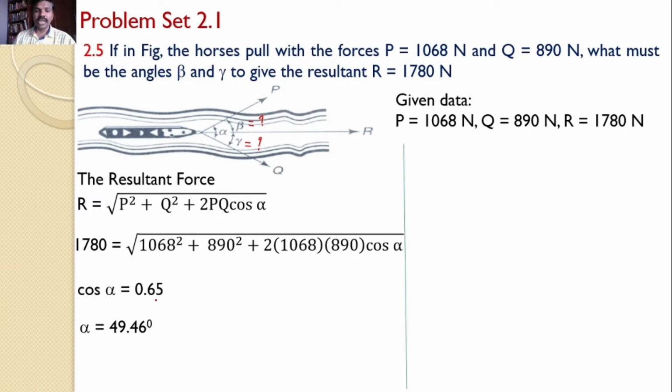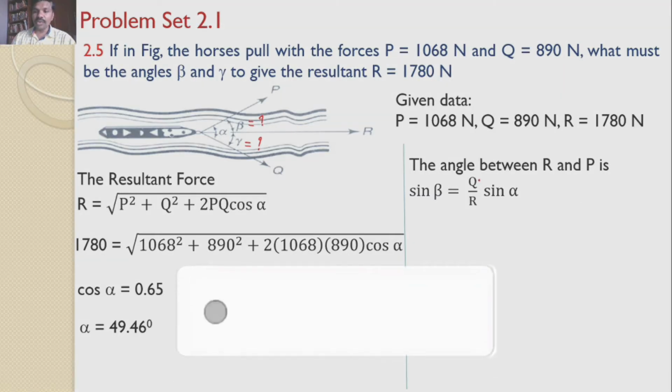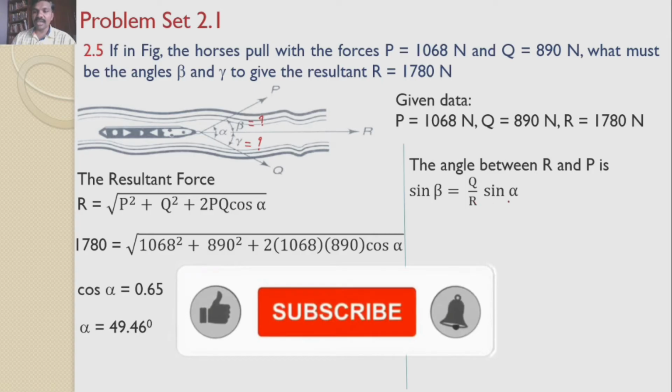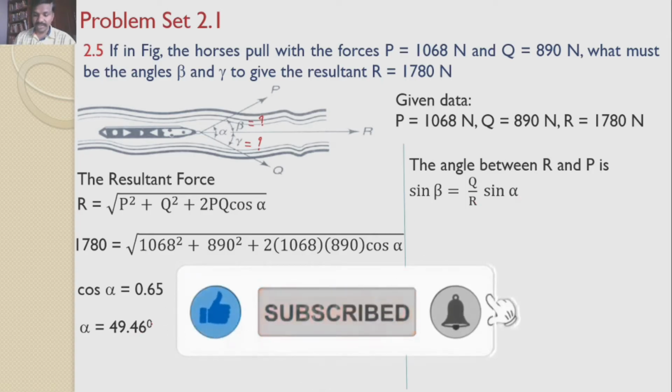How? Let the angle between P and R be beta, and beta is given by the equation sine beta is equal to Q by R into sine alpha. In this equation, the Q value and R value are given, and the alpha value we calculated.